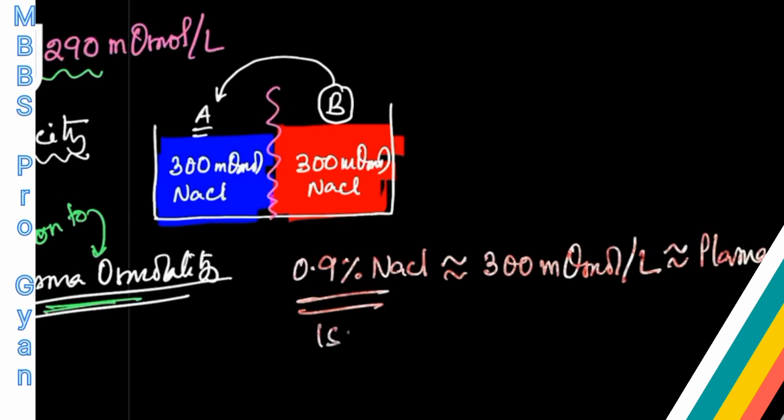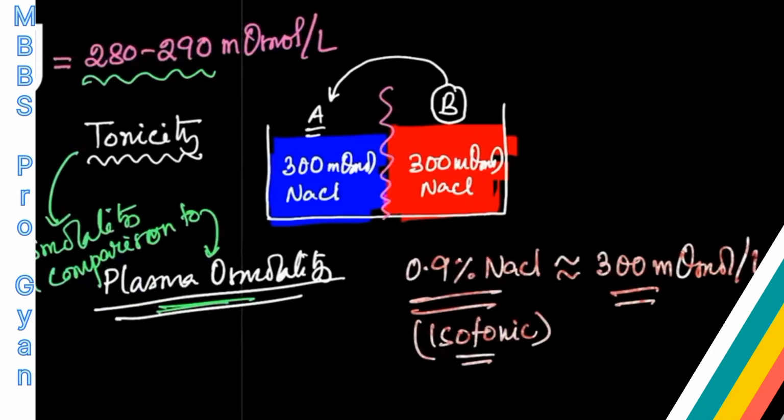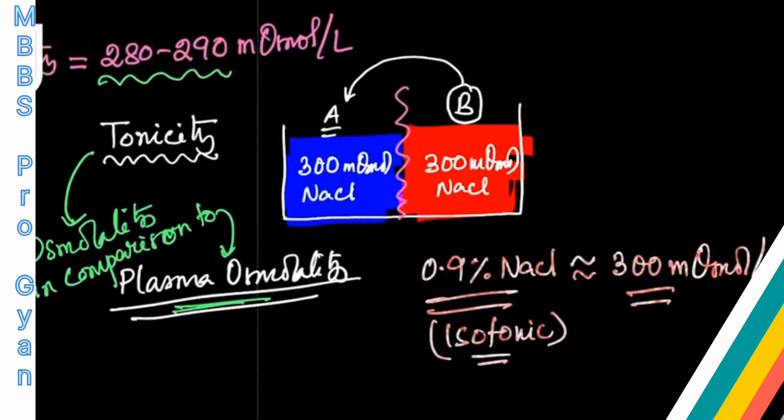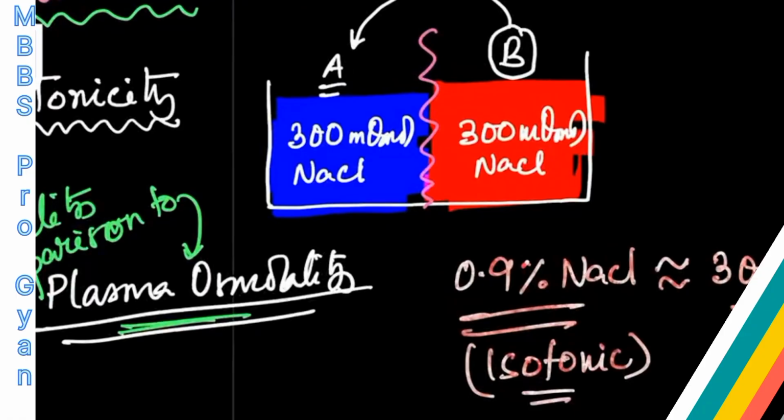That's why this 0.9% NaCl solution is known as an isotonic solution, because the effective osmolality of this solution is almost equal to plasma osmolality. So in medicine, we have to remember tonicity means the effective osmolality of a solution in comparison to plasma osmolality. But the original concept of tonicity means, when two solutions are separated by a semi-permeable membrane, the effective osmolality of one solution in comparison to the other.